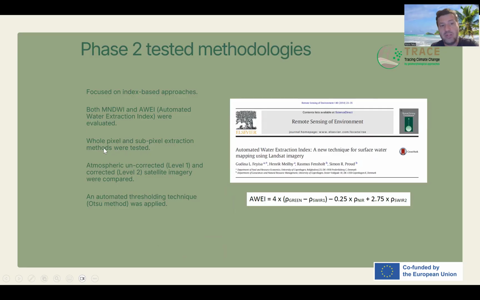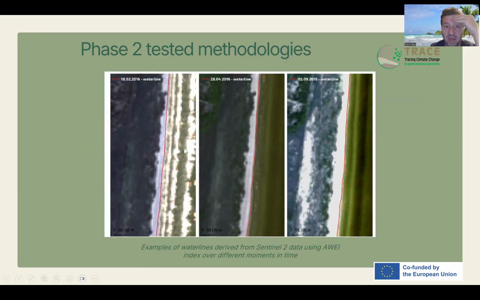We worked at both pixel and sub-pixel resolution on level 1 and level 2 satellite images. In the end, we applied an automated thresholding technique, which is the Otsu method.